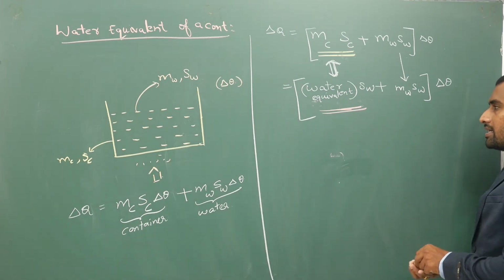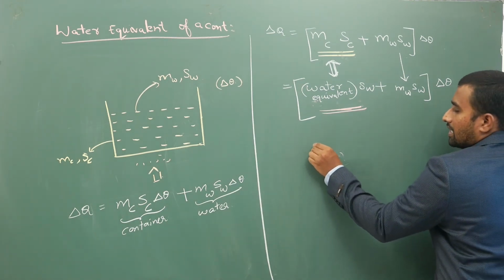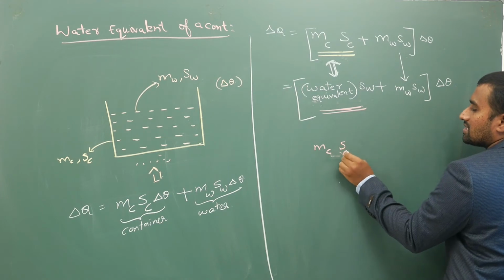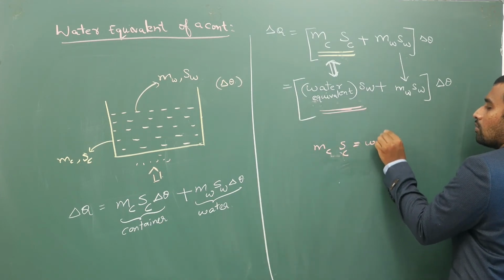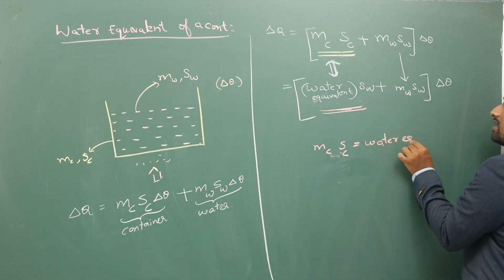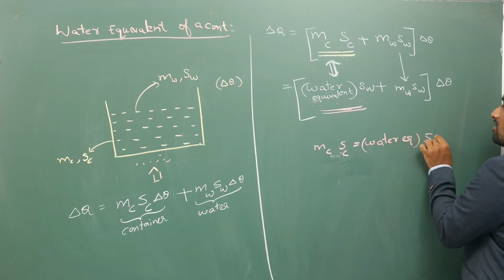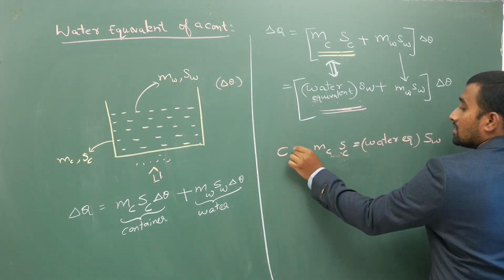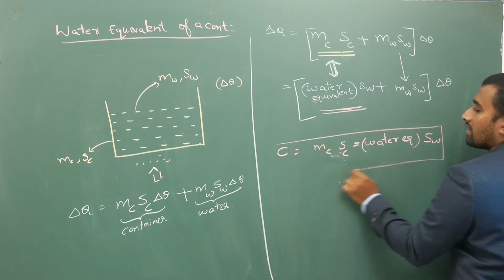So I will define it. mc into sc is water equivalent into specific heat of water. This is the heat capacity of the container.